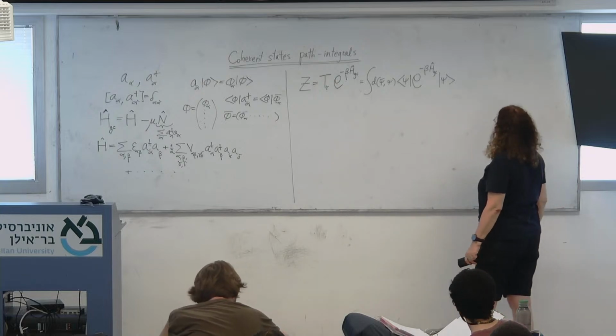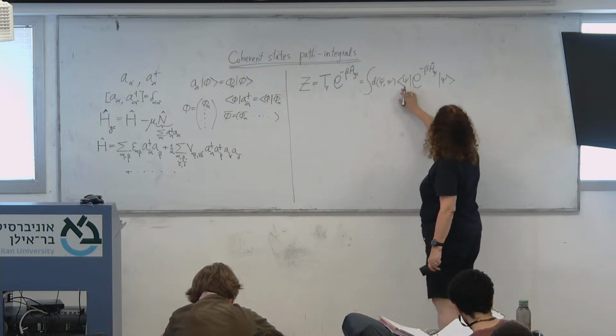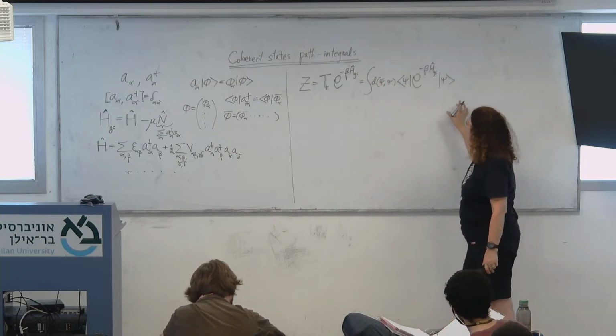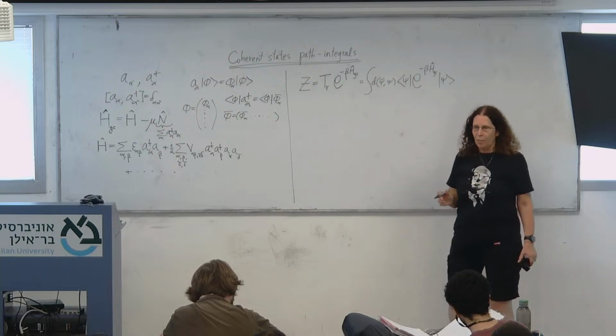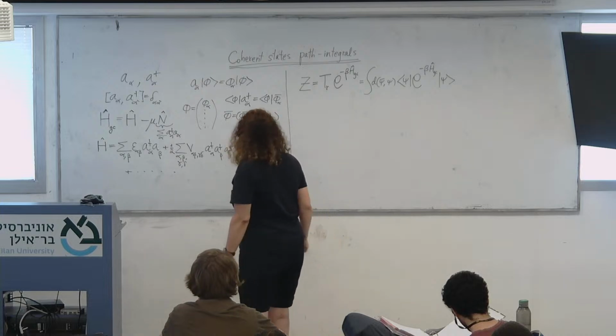And what we want to do now is to turn this integral into a path integral, just following the same idea that we used for the single particle problem before.